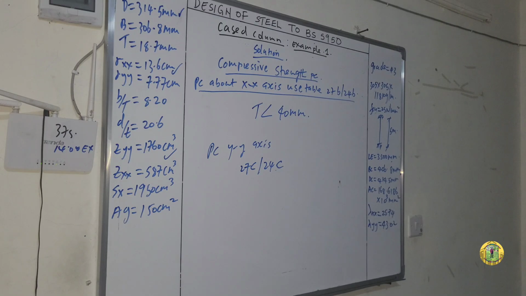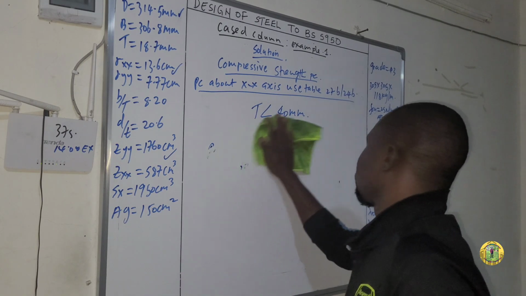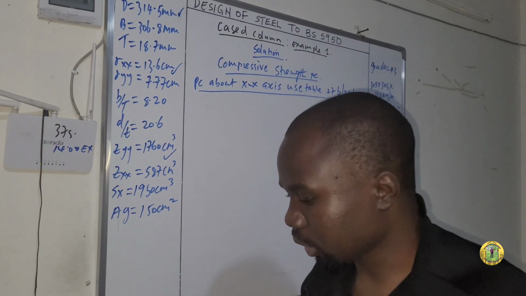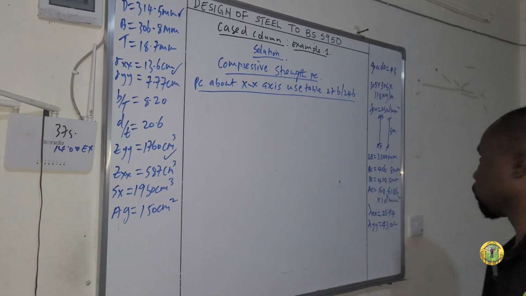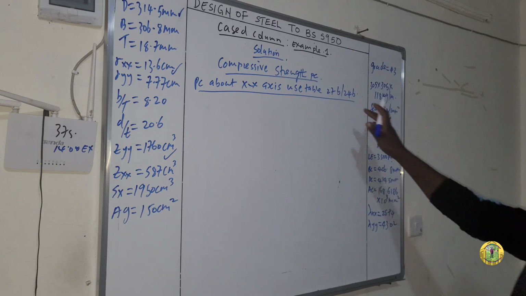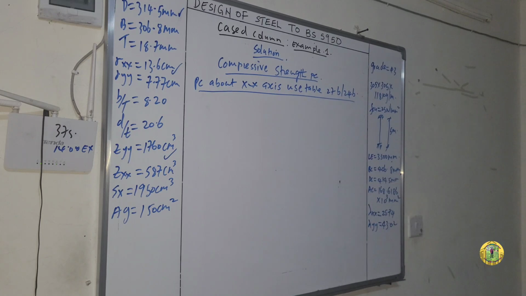Let's proceed. I assume you know how to read table 27B or 24B, because in my previous examples I have already shown you how to read these tables, and I'm not going to repeat.